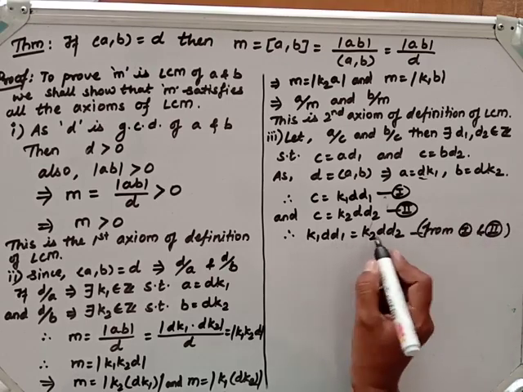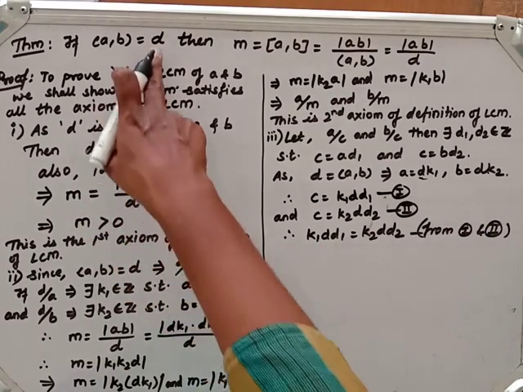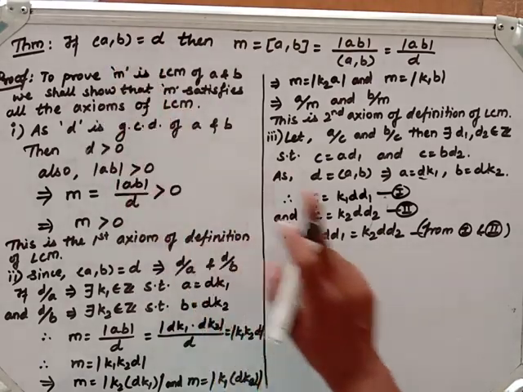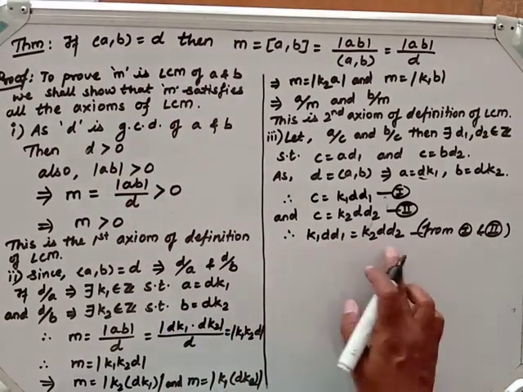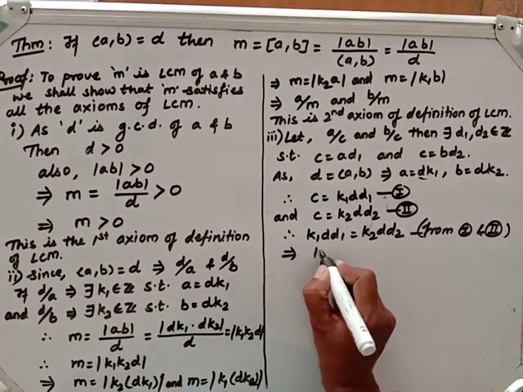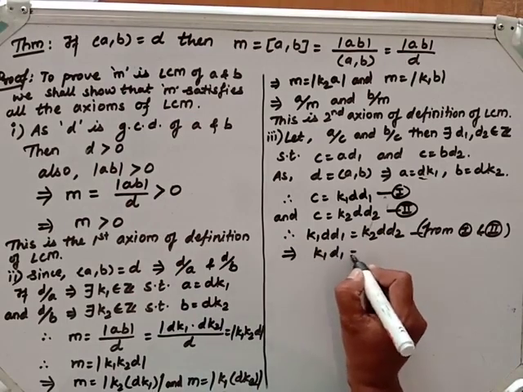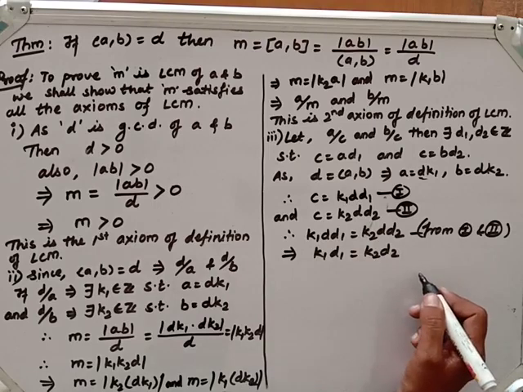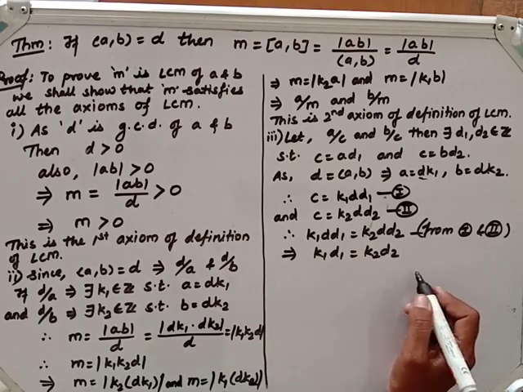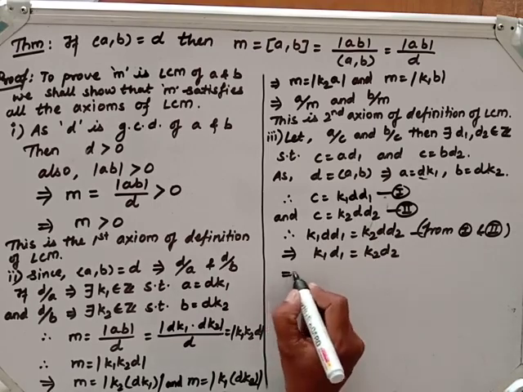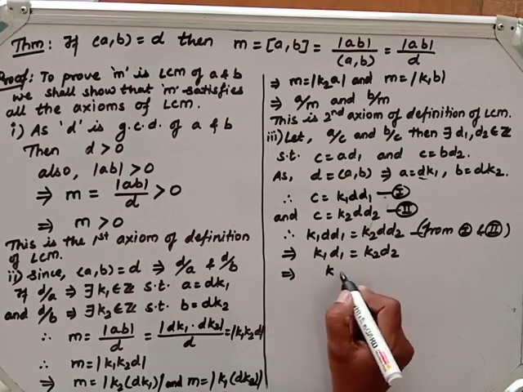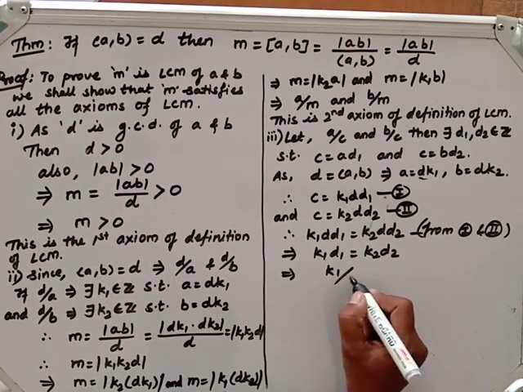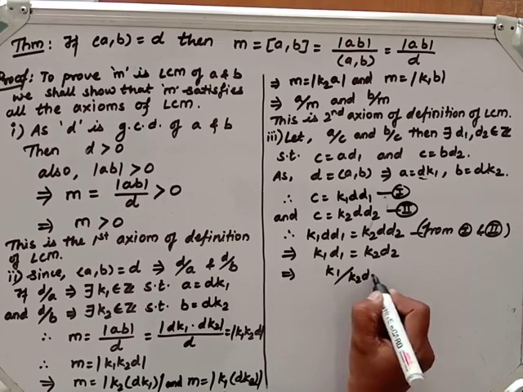Fine. So from this, now you know D is non-zero. It is a GCD. So here D can get cancelled. So this says K1 D1 equal to K2 D2. And these all are integers. So from this we can say K1 divides K2 D2.